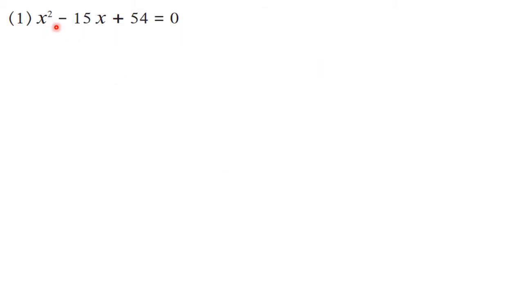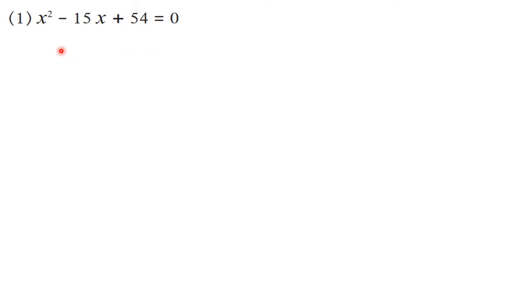x square minus 15x plus 54 is equal to 0. Okay, factorization method, that means we have to split the middle term. So the very first step is to observe whether the equation is in standard form or not, that is ax square plus bx plus c is equal to 0.